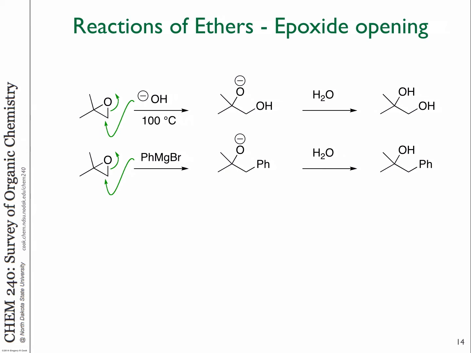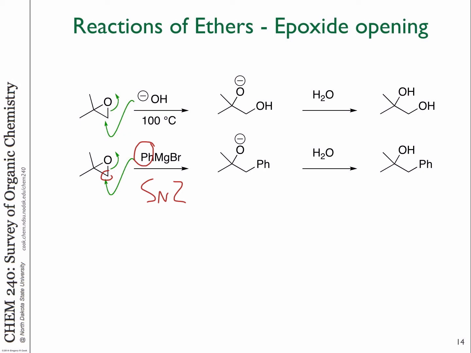So this is another example of where we can use Grignard reagents to make new carbon-carbon bonds. So, for example, phenylmagnesium bromide reacts. Again, it's an SN2 substitution, so it reacts on whatever side is least hindered. That's why I've shown it only attacking this carbon, not the more hindered one.